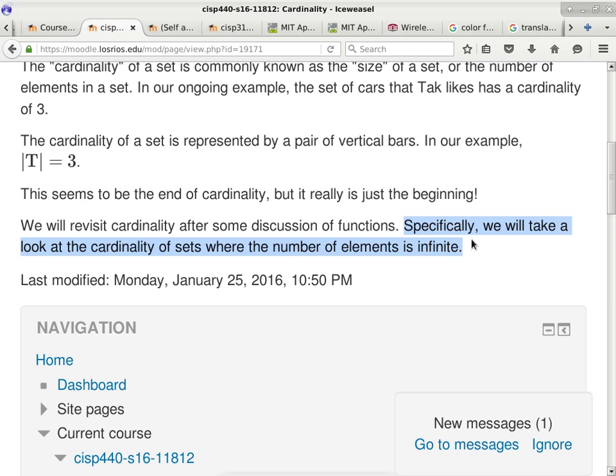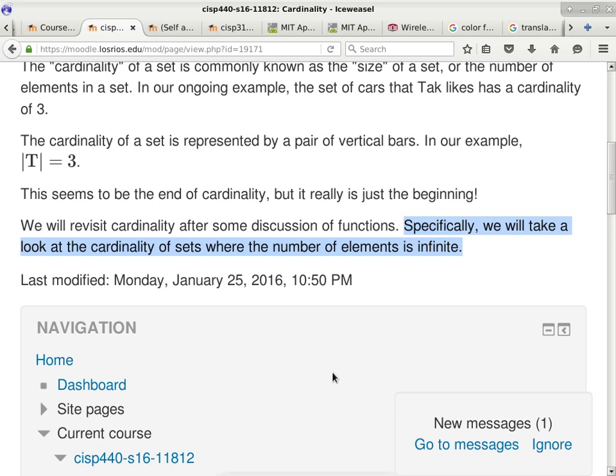There's an infinite number of integers. So the question is not whether it's finite or not. The question is, can you map one set to another set? And we haven't really talked about functions yet, so it's hard to describe what mapping is. But this will come back. Cardinality will come back later on.